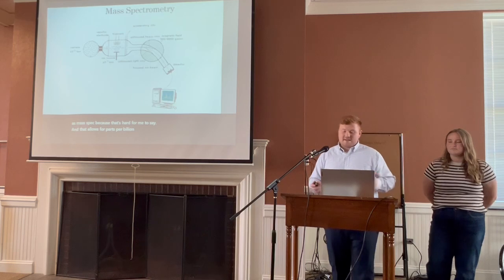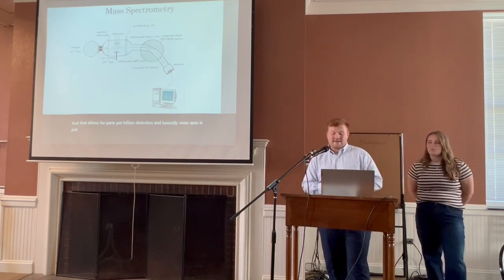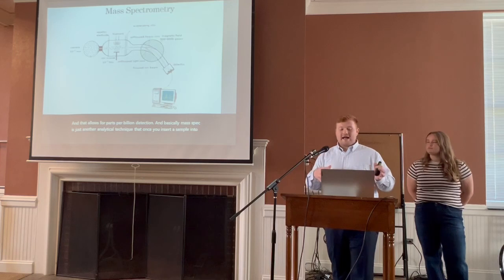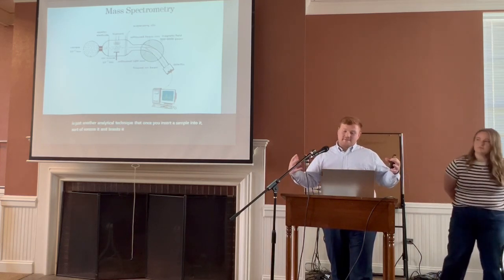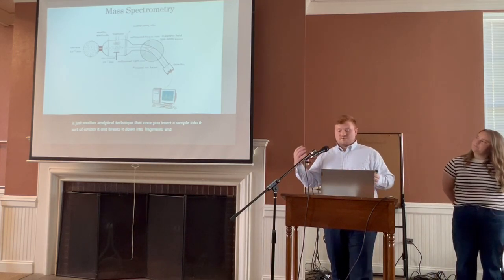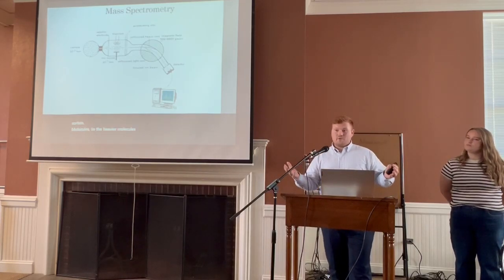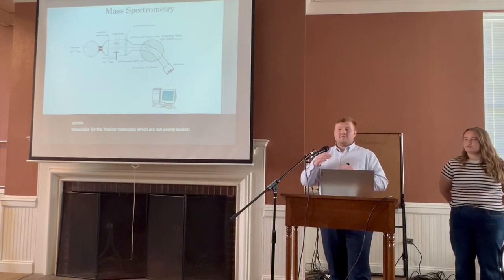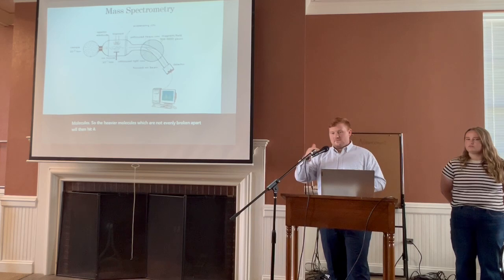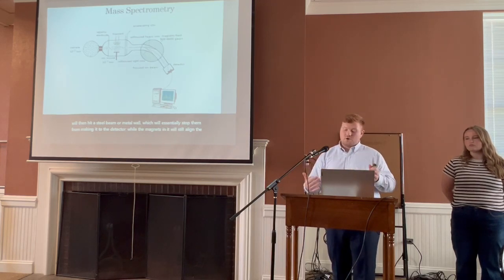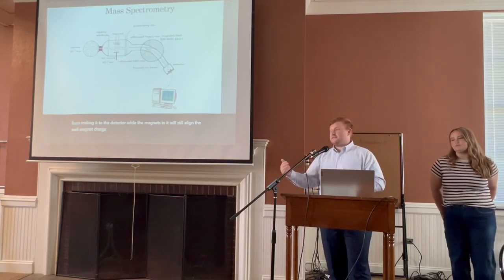Mass spec is just another analytical technique where, once you insert a sample into it, it ionizes it and breaks it down into fragments. It then aligns certain molecules, so the heavier molecules, which are not evenly broken apart, will hit a steel beam or metal wall, which essentially stops them from making it to the detector, while the magnets will still align the right mass-to-charge ratio ions to hit the detector.